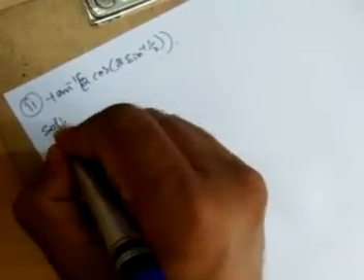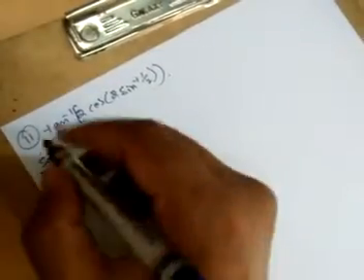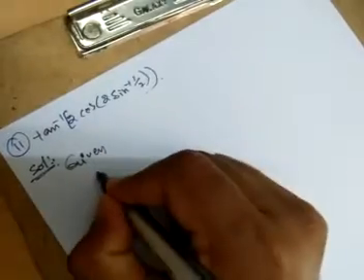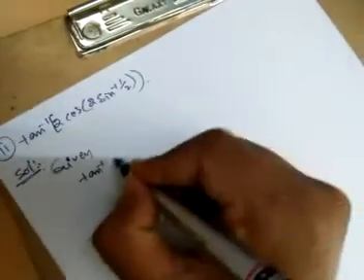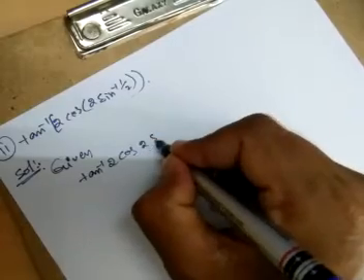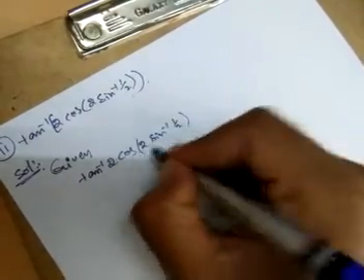Solution: given tan inverse of 2 into cos of 2 sin inverse of 1 by 2.